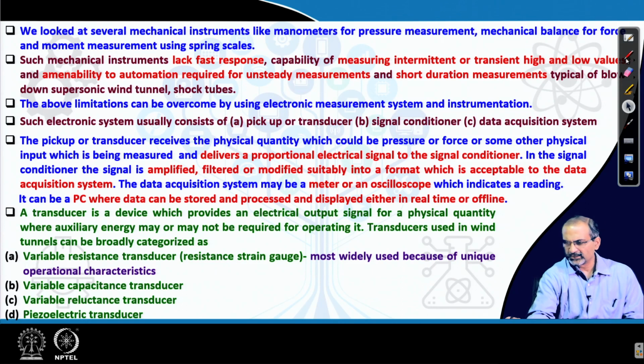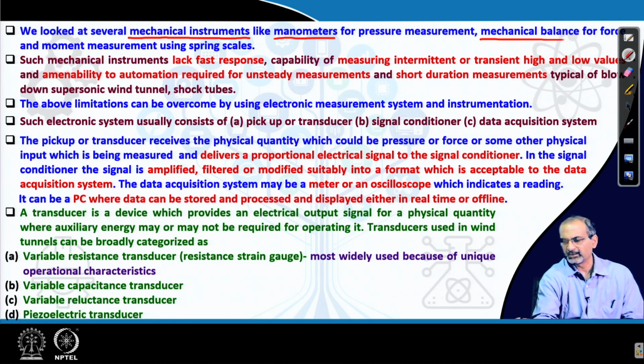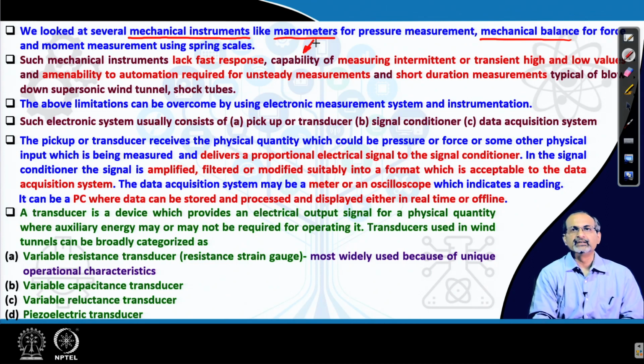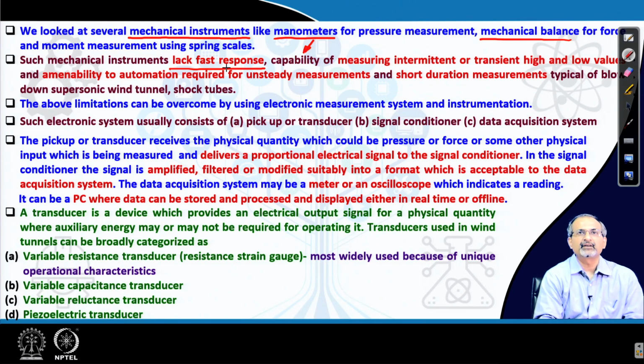As I mentioned earlier, in the last few lectures we were mainly looking at mechanical instruments like manometers, mechanical balance, etc. We now need to realize why we need to look beyond them. There are reasons why we need to look beyond mechanical instrumentation. One is that they lack fast response.